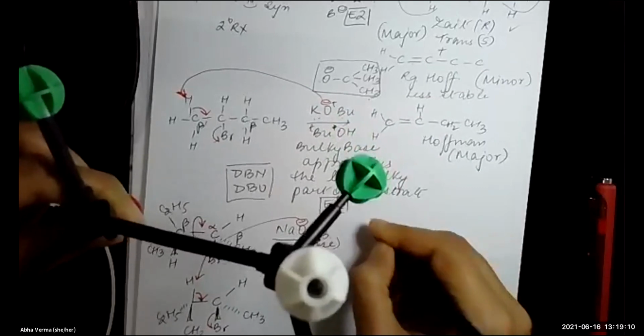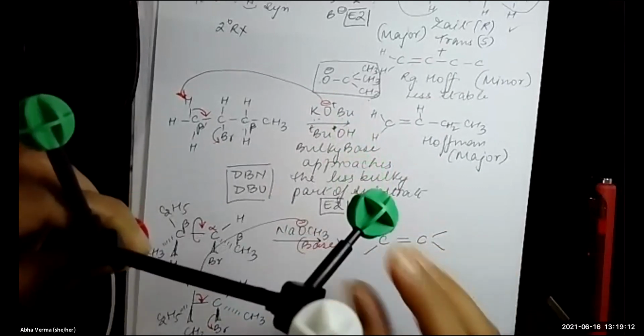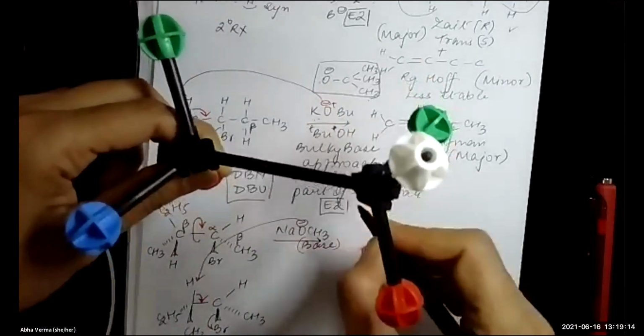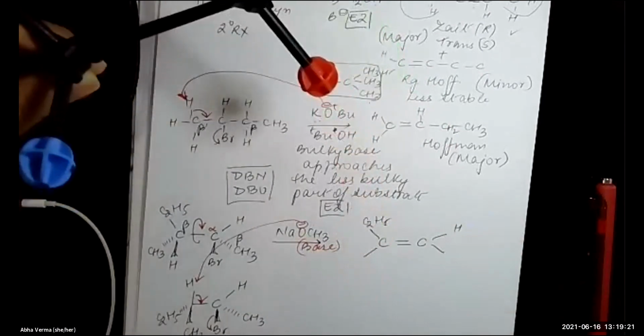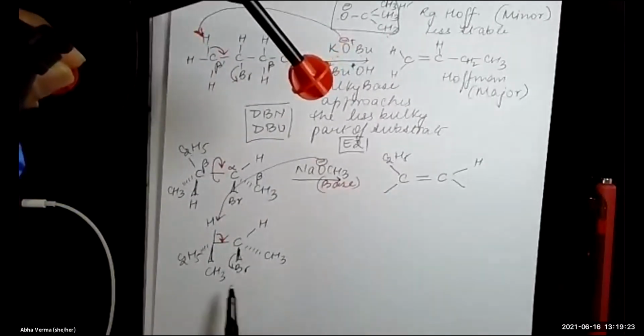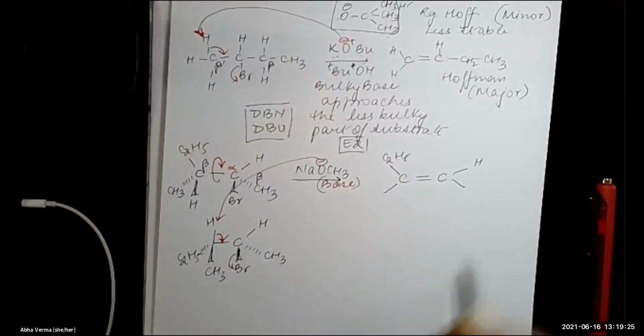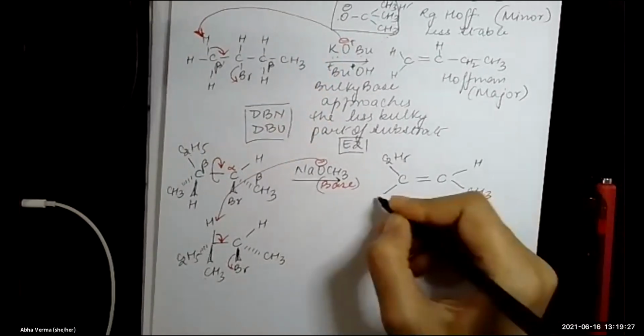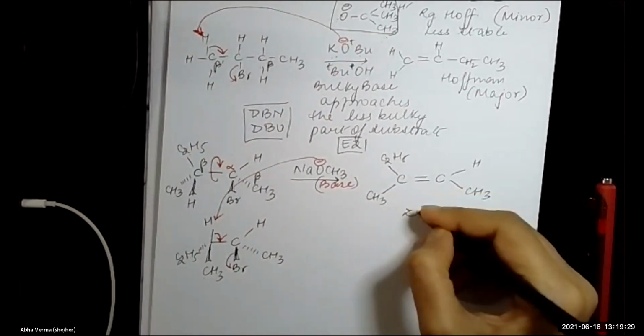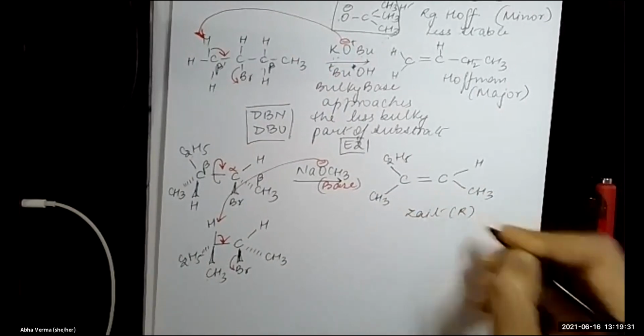So you cannot control the stereochemistry just like that. So my C2H5 and my H, my CH3 and this CH3. Definitely a Zaitsev product by regiochemistry.